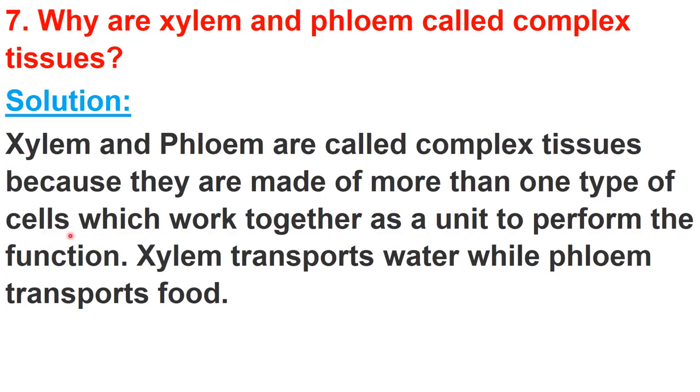Four different types of cells are present in each, right? These cells work together as a unit to perform the function, and the function of xylem is to transport water, and the function of phloem is to transport food. That's why these are called complex tissues.